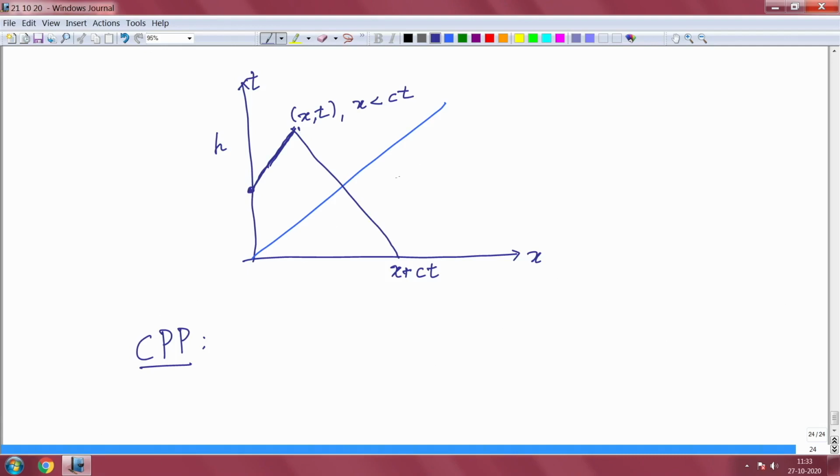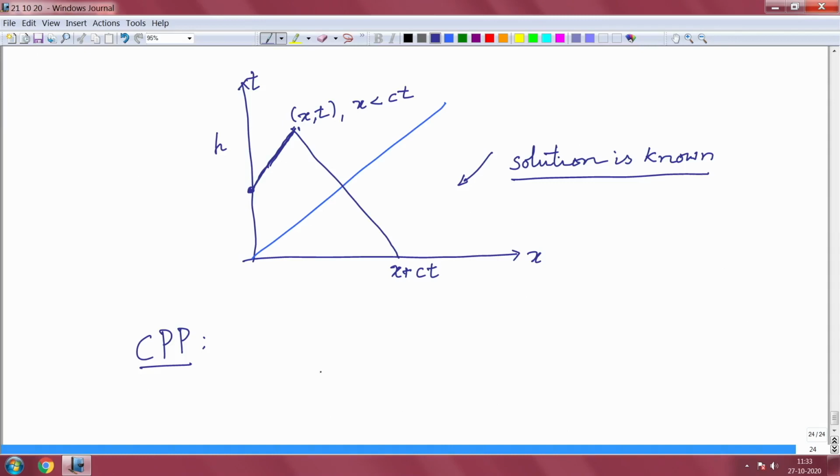In this region we already know the solution, and that is given by D'Alembert's formula. So, if we can choose two appropriate points in this domain, namely x bigger than c t, which form a characteristic parallelogram, then we are able to find the solution u at the point x t.